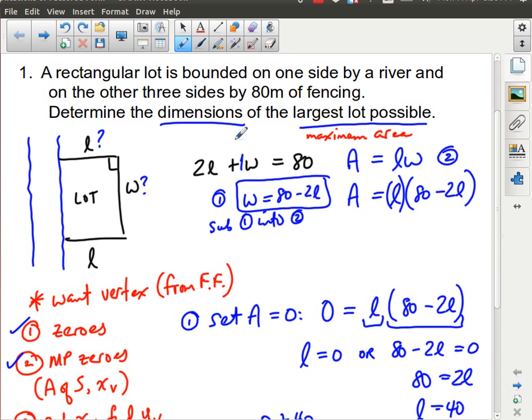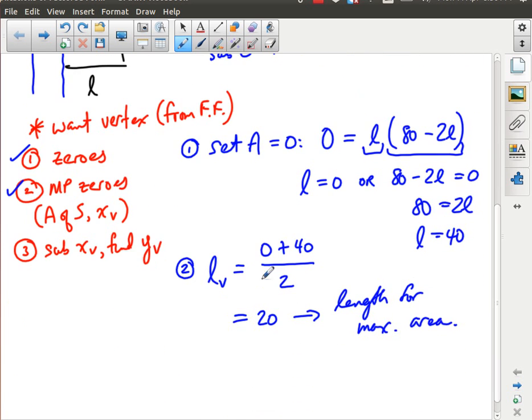Nowhere in this question did it actually ask me for how big is that actual lot. And that's the piece of information that I would get from here. This would tell me how big the lot is. So what is the max area? But we're not interested in the max area. So since we're not interested in the max area, we're not interested in this step.